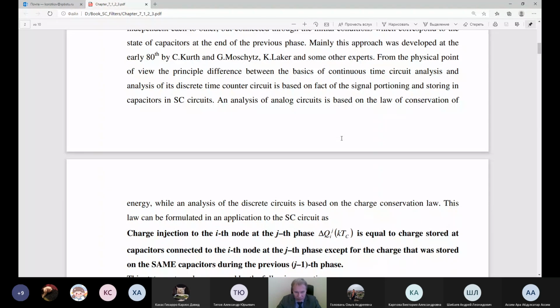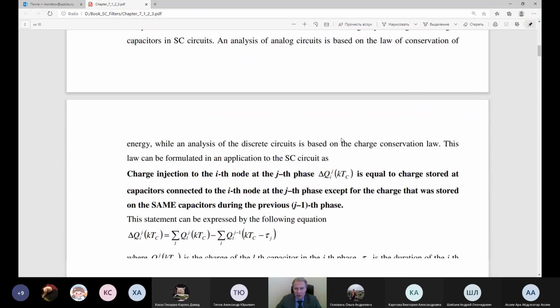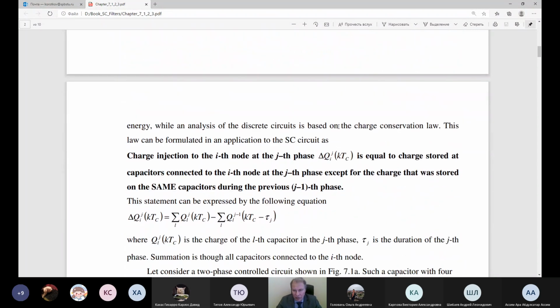So, coming back to the physical principle of the work of a switch capacitor circuit, we can say that it is possible to formulate the law, a kind of theorem, of course, and it is the rule how to formulate the charge injection of each node of the circuit. You can see it is here, just now I will demonstrate it to you.